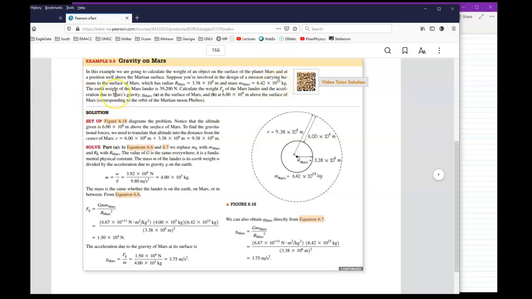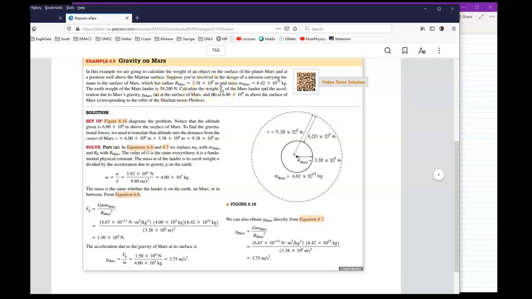The Earth weight of the Mars lander is equal to 39,200 Newton. Remember, the weight is mg, so the g here is g for Earth, not g for Mars. You'll have a different weight if you weigh it on Mars.